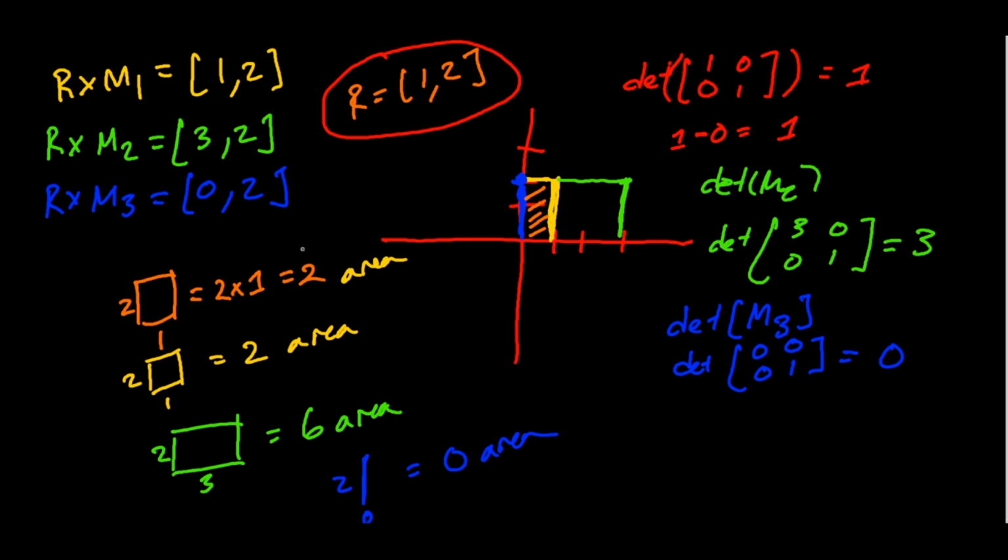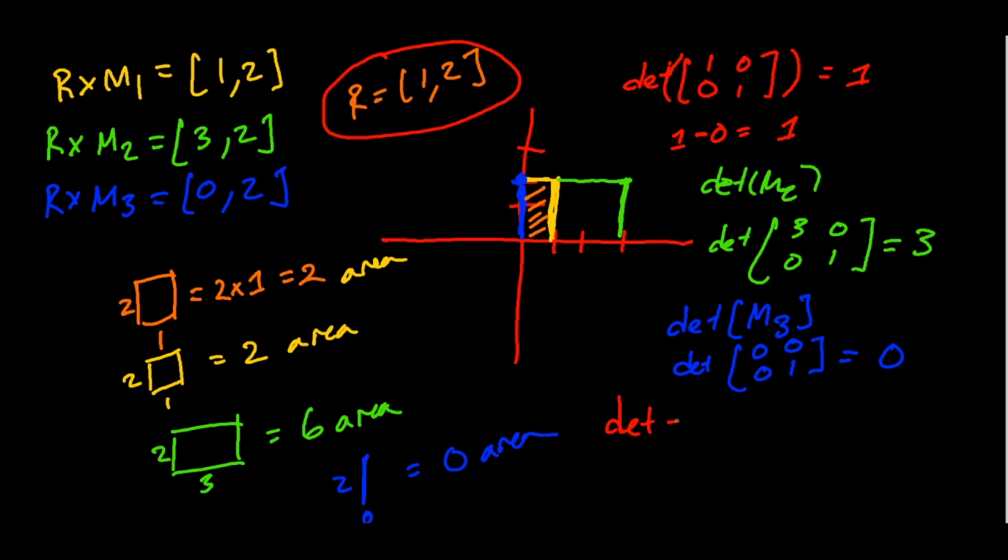My original area was 2 and now it became 6. And finally, if we look at R times M3, we see that the area is 0 after I did this multiplication. So the determinant for the first matrix is 1, which represents the 1 scaling. M2 has a determinant of 3, the 3 scaling, since the area of 2 became 6. And the determinant for M3 is 0 since the area transformed into 0.